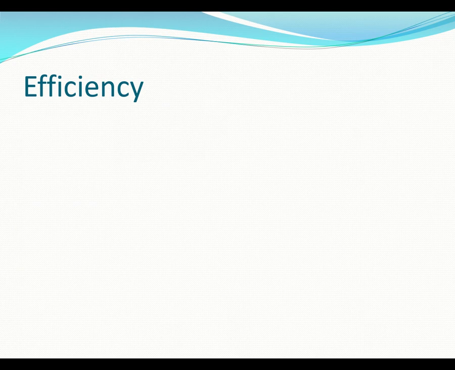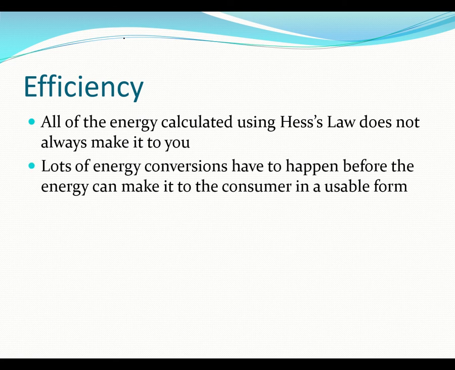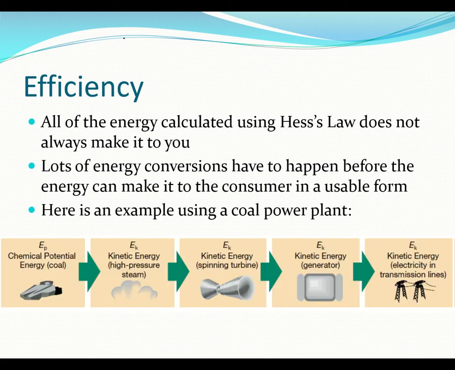Okay, so efficiency. So all energy calculated using Hess's law does not always make it to you. So lots of energy conversions have to happen before that energy can make it to the consumer in a usable form. So we talked about the energy conversion in a coal power plant, right? We start with that chemical potential energy.